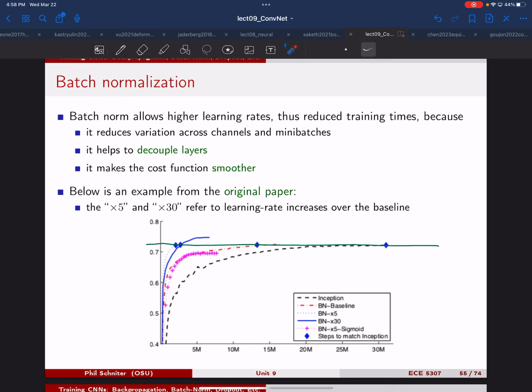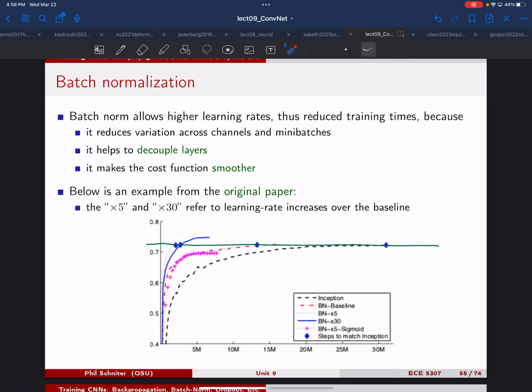Okay, so if we say that this accuracy, this green accuracy here, is the final one achieved by this method after 30 million some iterations, we'll say that's our baseline. Can we do better if we add batch norm? So the first thing we do is we add batch norm in red, and we can see that immediately, just with batch norm, we can get to the same level in less than half the iterations.